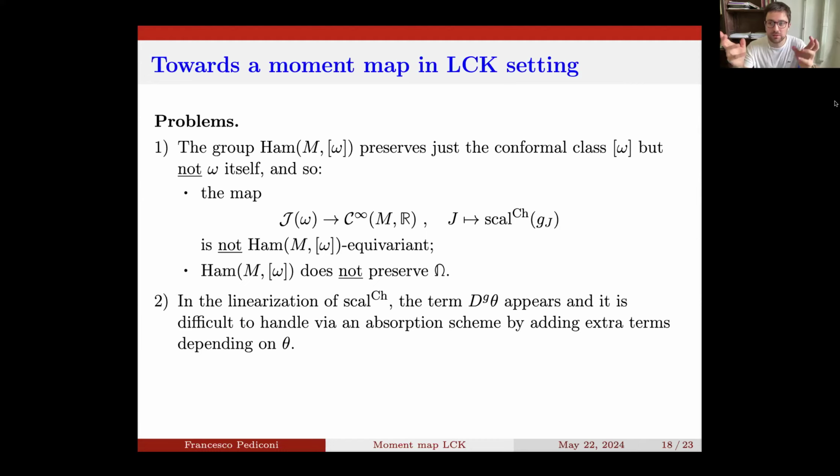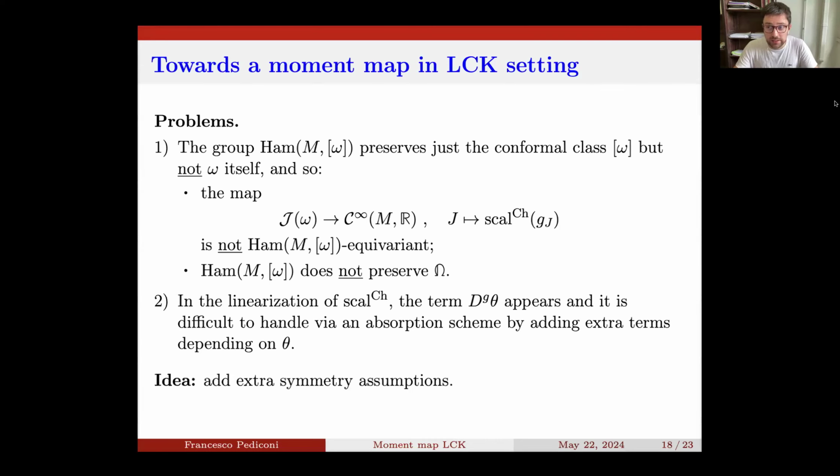So, I mean, the natural attempt to prove the existence of a moment map here would be to take the Chern scalar curvature and try to add some terms depending on theta or the torsion, whatever, in order to obtain the formal moment map equation. But we weren't able to deal with this additional term given by the covariant derivative of theta.